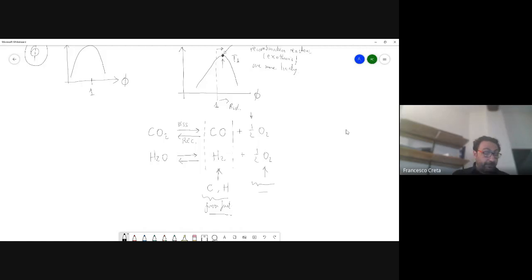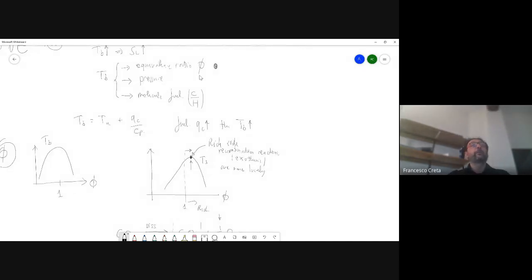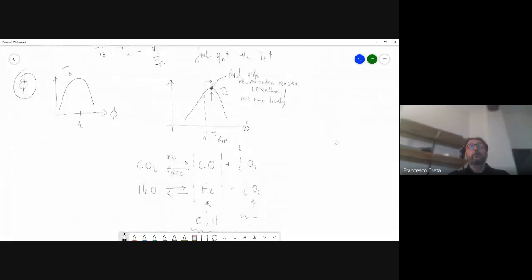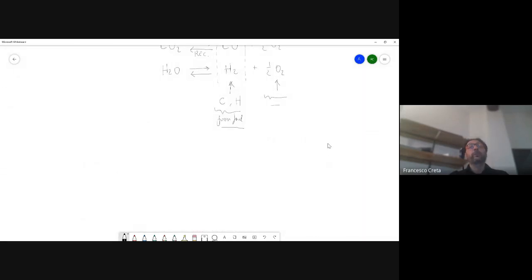Let me see if I have time. What about dependence on pressure? We did the dependence on the equivalence ratio. What about pressure? We want to understand what the dependence of TB on pressure is.